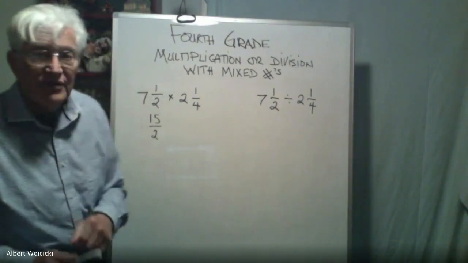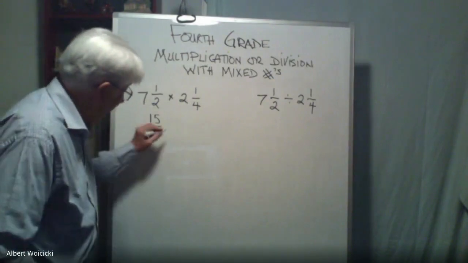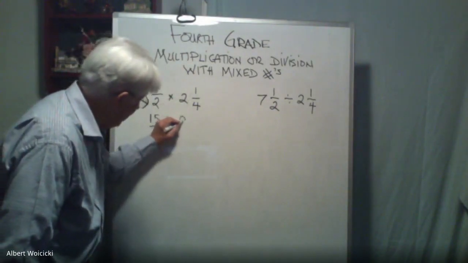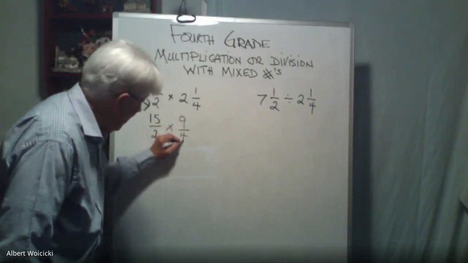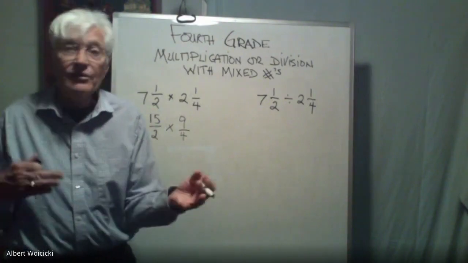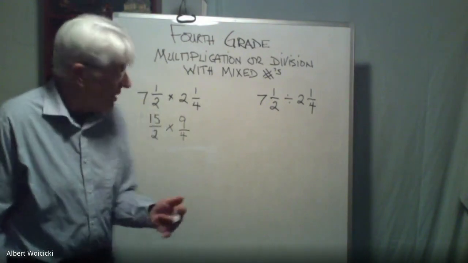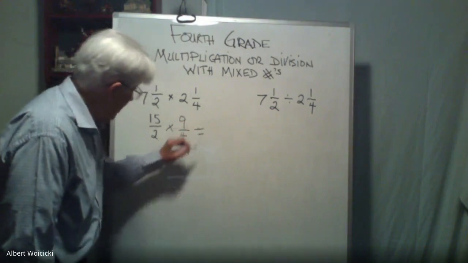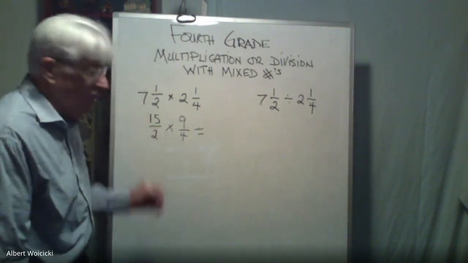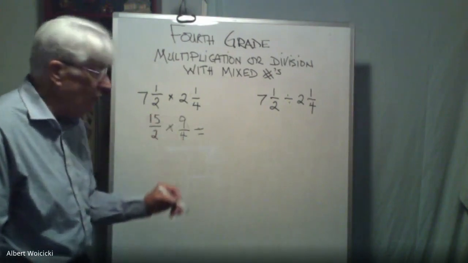So we've got 15 halves here. And they then change this one to 9/4. And of course, now we're going to look for common factors that we can take and use. And it looks like we don't have anything because 4 doesn't go into 15 or 9, and neither does 2.